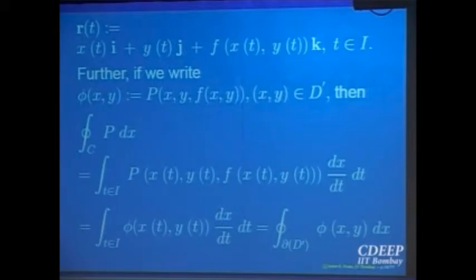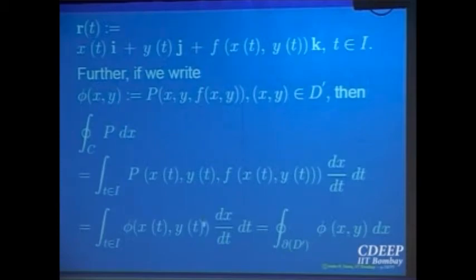Now the idea is, from here I want to go to a double integral, because there is a double integral on the right hand side. So what is it in the plane that relates line integral with double integral? That is Green's theorem. So here an application of Green's theorem will be required. This is the line integral of phi over a curve in the plane, so use Green's theorem to write this as a double integral.